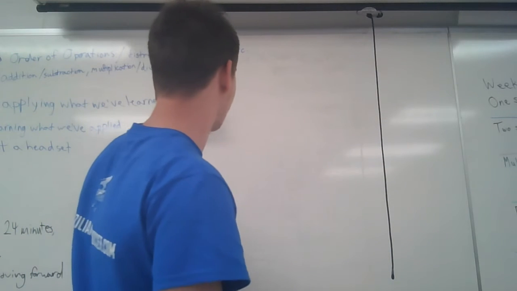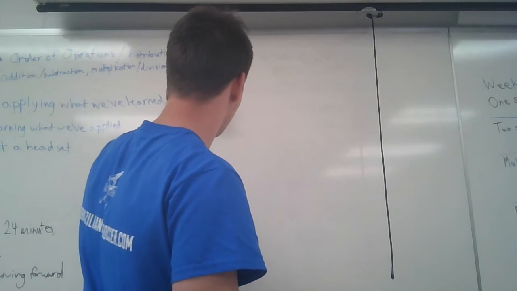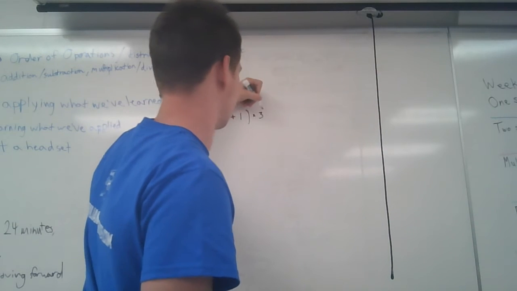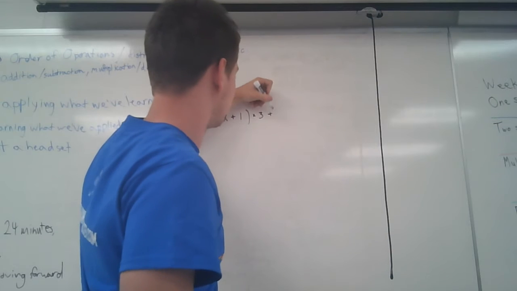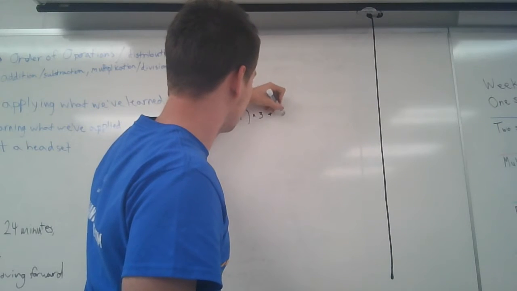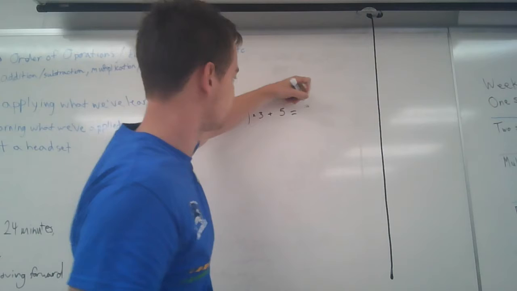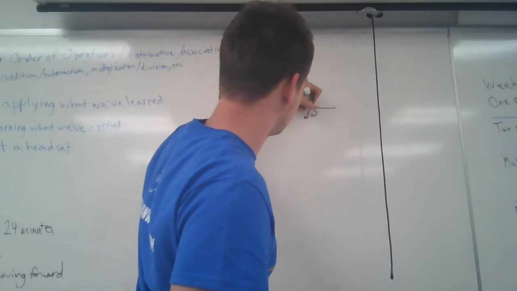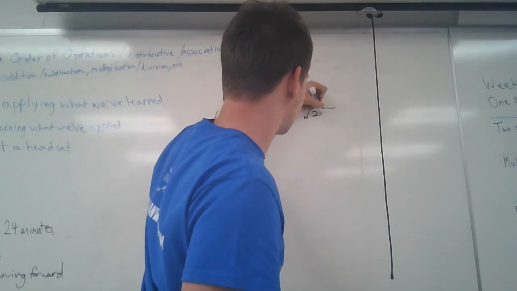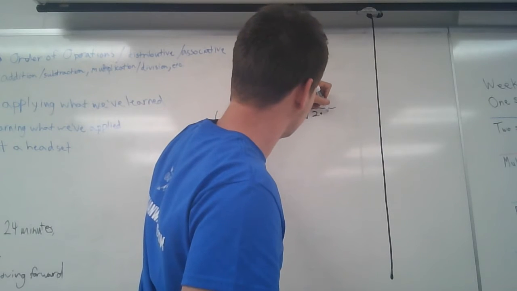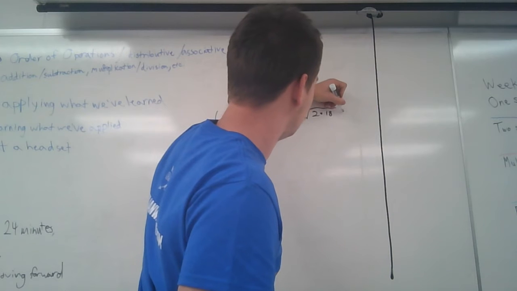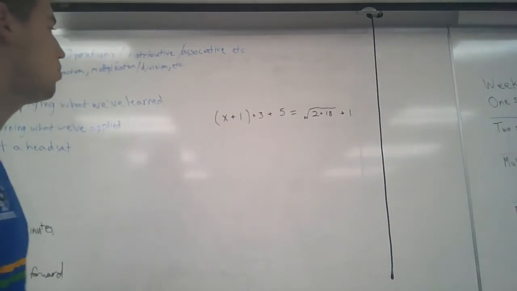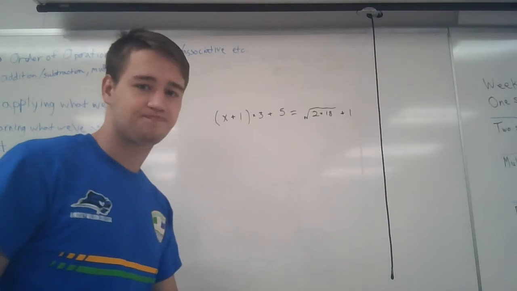So let's say we have an equation like (x plus 1) times 3 plus 5 equals the square root of 2 times 18 plus 1. And now what we want to do is solve for x.